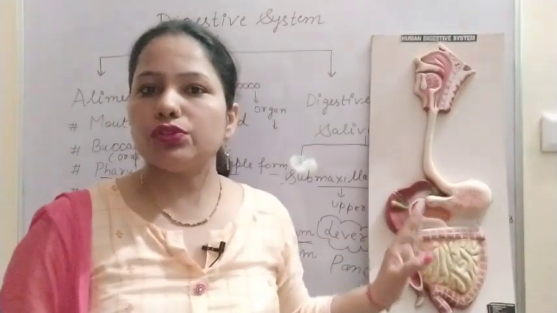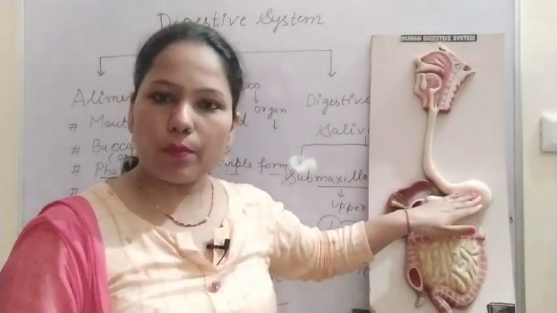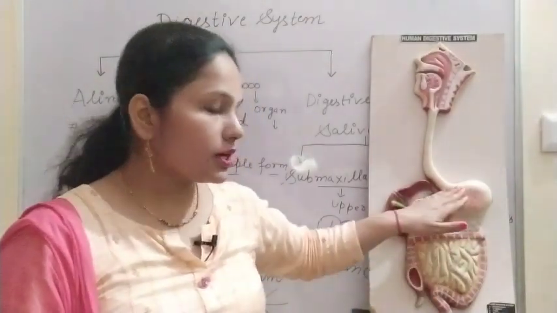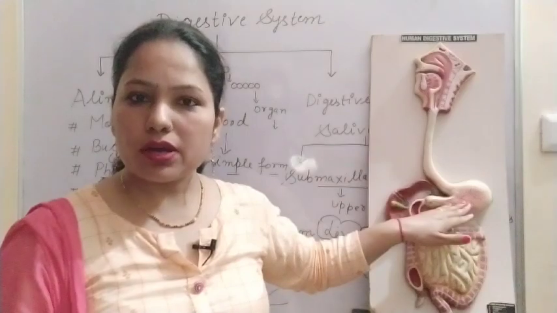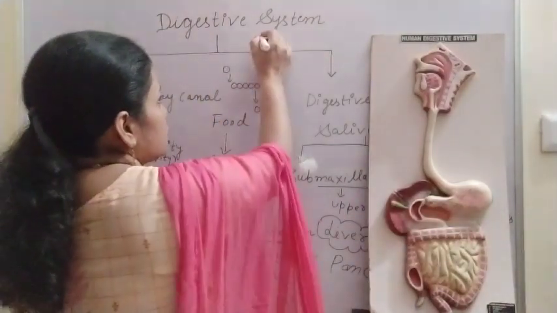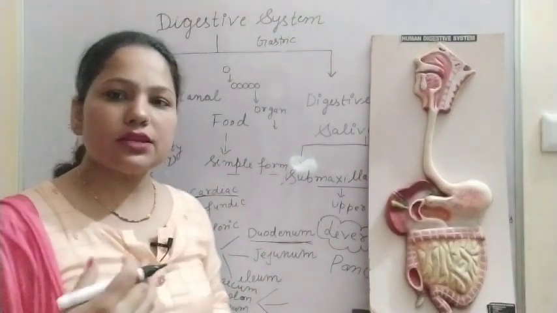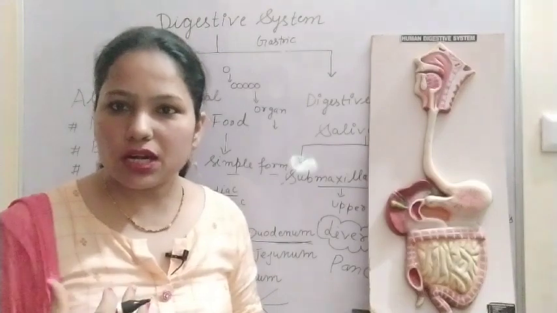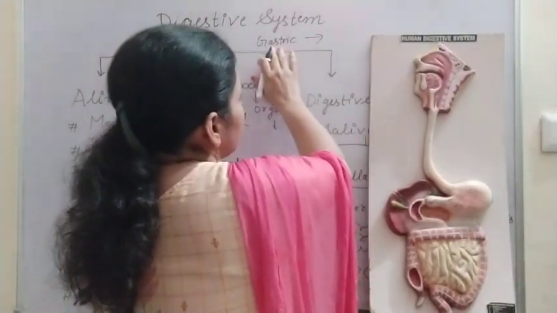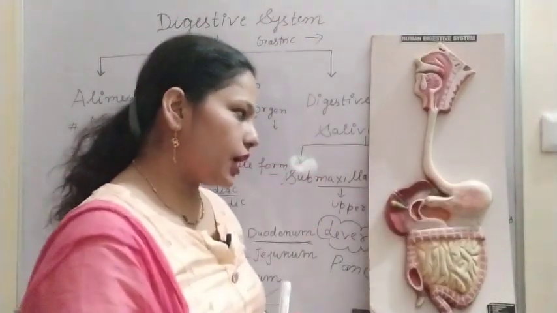In addition to these glands, some glands are present in the stomach, some are present in the intestine. So the glands present in the stomach are known as gastric glands. So the word gastric, आपने सुना होगा कि मेरे को गैस्ट्रिक प्रॉब्लम्स हो गई, तो स्टमक से रिलेटेड है. तो gastric glands are present in our stomach. Okay.